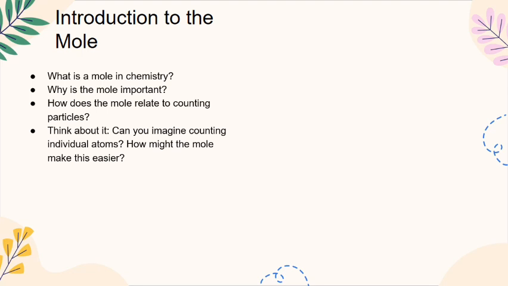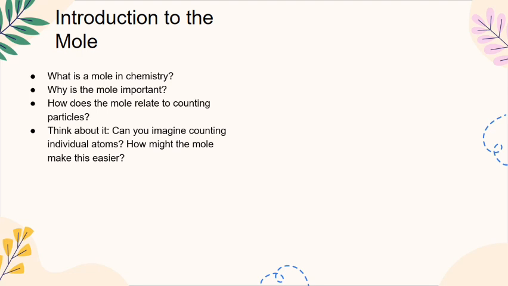We all know that an atom is a very, very small entity. The atom is so small that it is difficult for us to see with our naked eye. So it simply means that despite the size of these atoms, we still need to look for a way to measure, to count the particles or the atoms themselves.